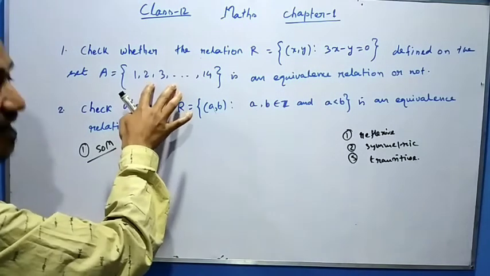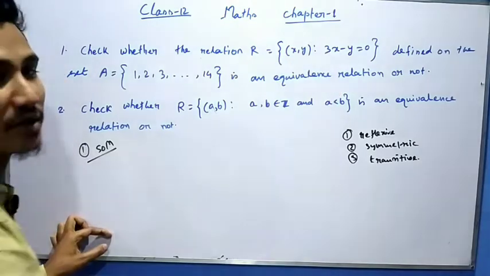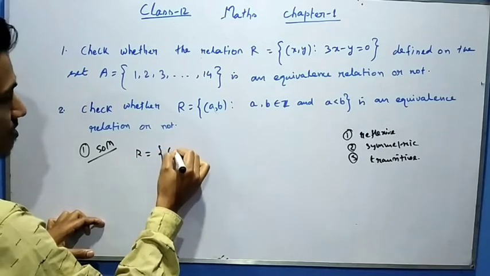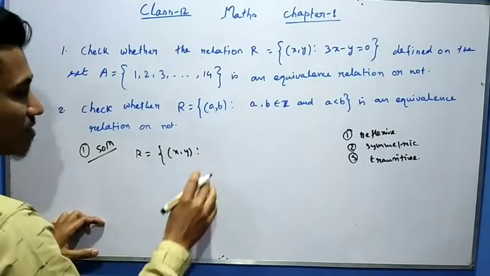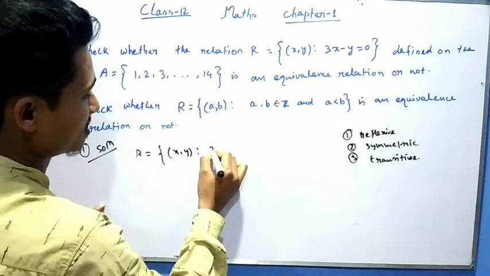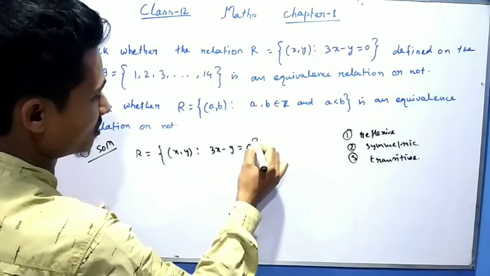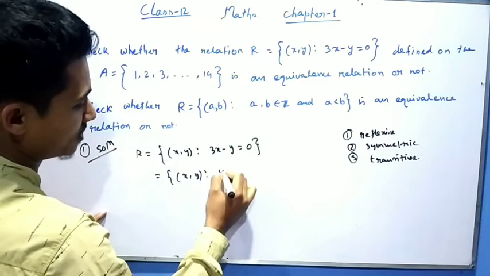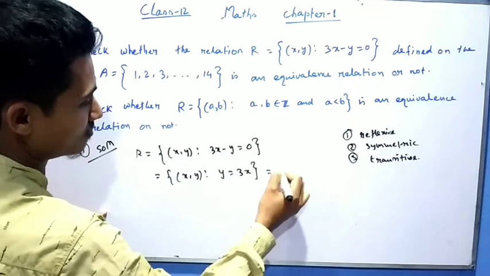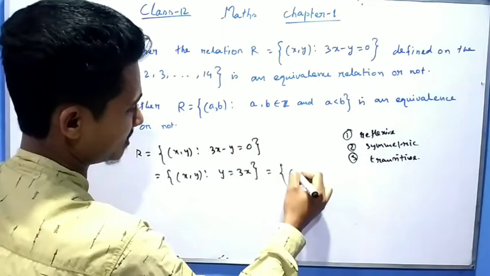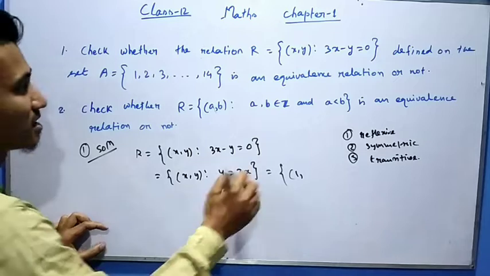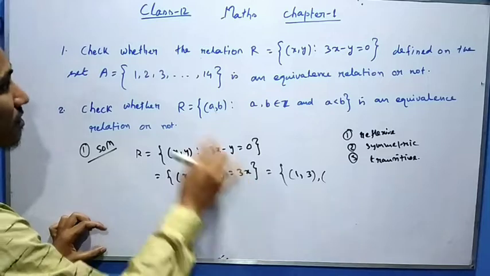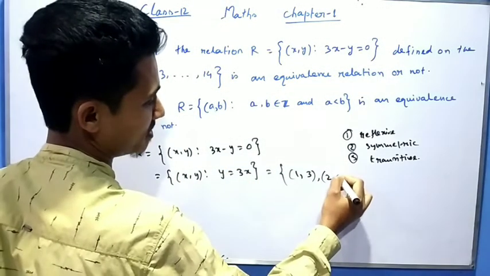If the relation is given in terms of x and y and the set is finite, then we try to find all the ordered pairs. R contains (x, y) such that 3x - y = 0, which can be written as y = 3x. If I put x = 1, then y = 3. If x = 2, then y = 6.